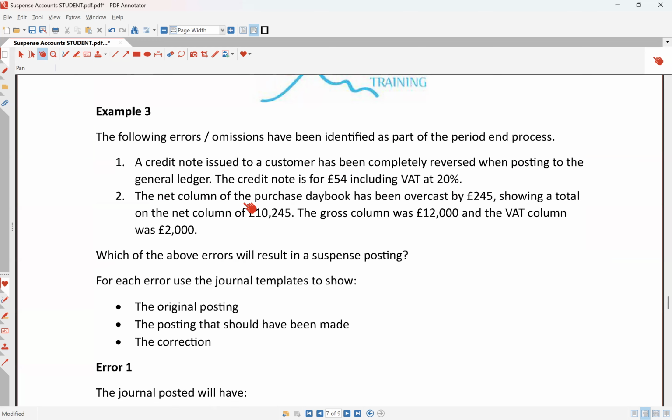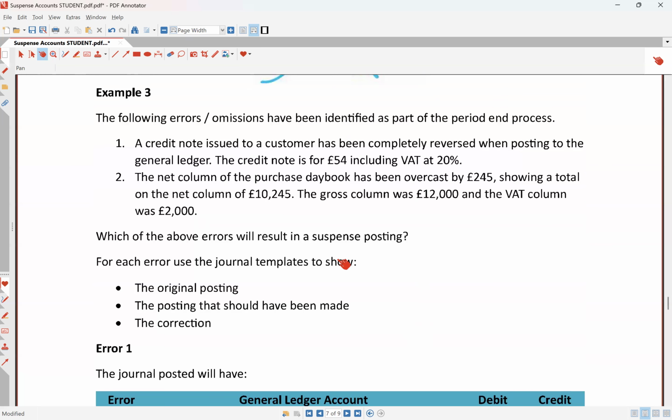Second error, the net column of the purchase day book has been overcast by 245, showing a total on the net column of 10,245. The gross column is 12,000 and the VAT column 2,000. Which of the above errors will result in a suspense posting? So first off, let's consider this one. The first one, we've reversed it. We've done everything backwards.